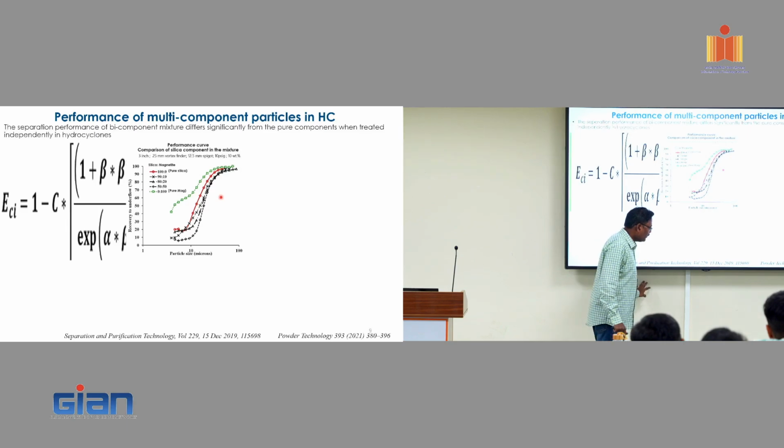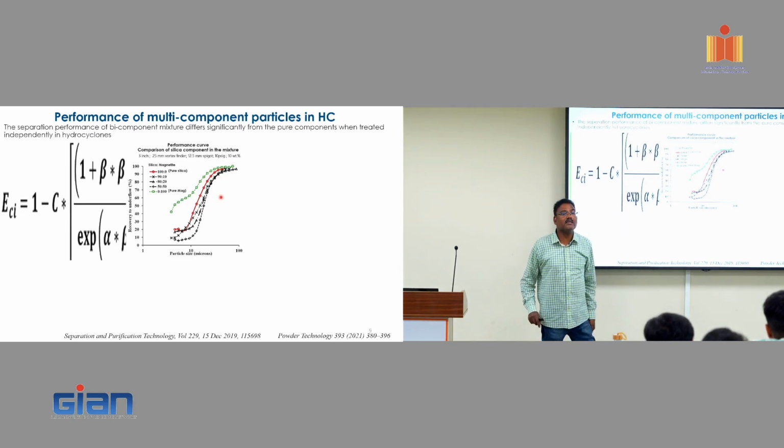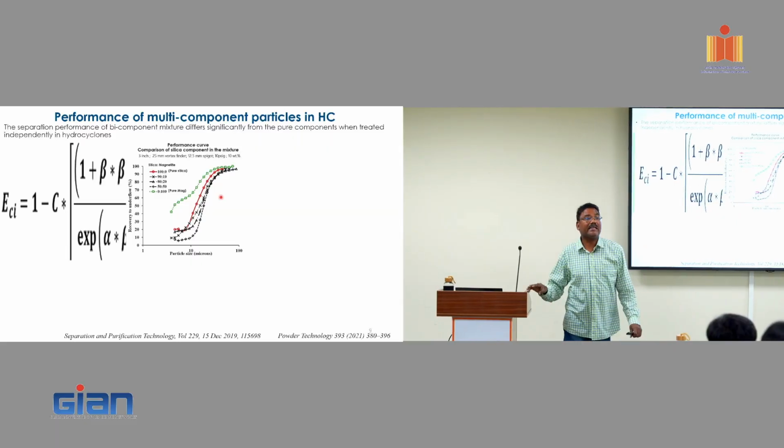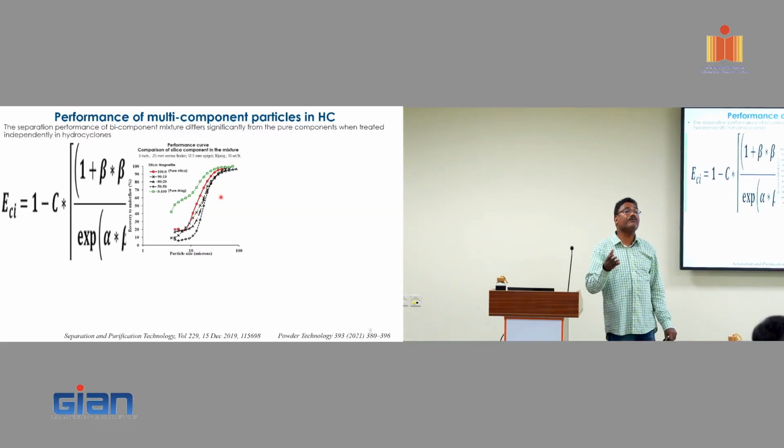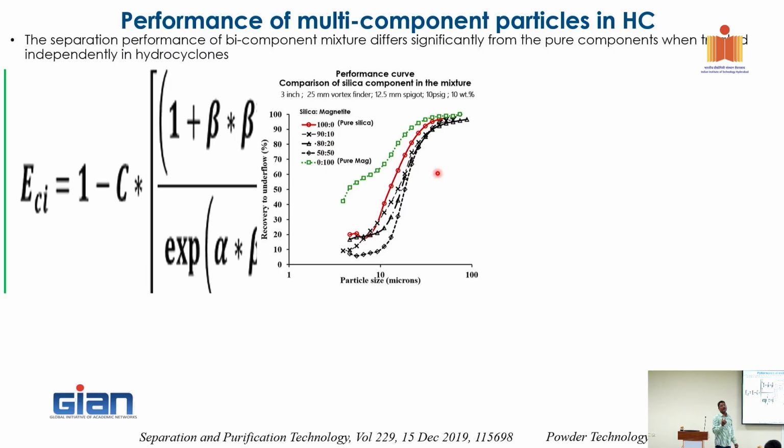When you have two components, heavy and light, the lighter component gets shifted significantly because of the interference of the heavy component. If we go by the previous understanding based on single component behavior, you get a different level of information. So your design of the operation cannot go with the single component at all. You have to go by multi-component.